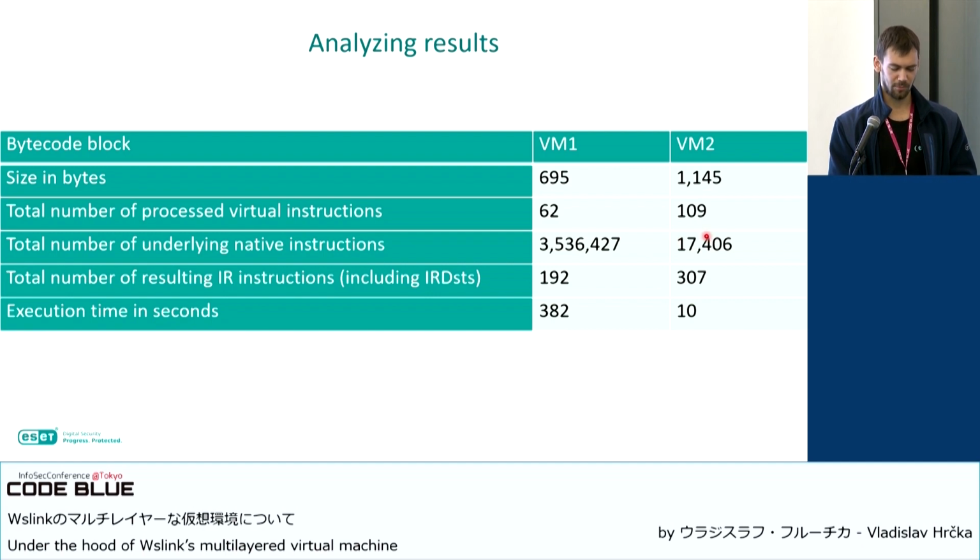Actually, we were able to simplify around 17,000 executed native instructions to about 300 IR instructions, and it took us like 10 seconds. And in the VM1, we were able to compress more than 3.5 million native instructions into like 400 lines of IR.